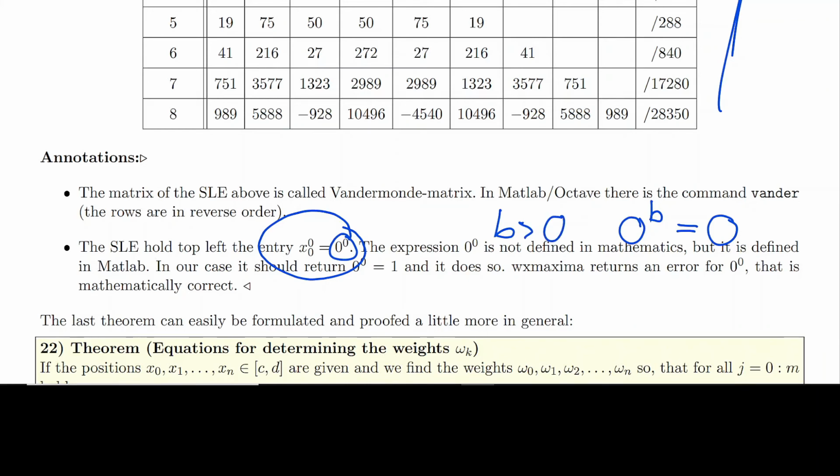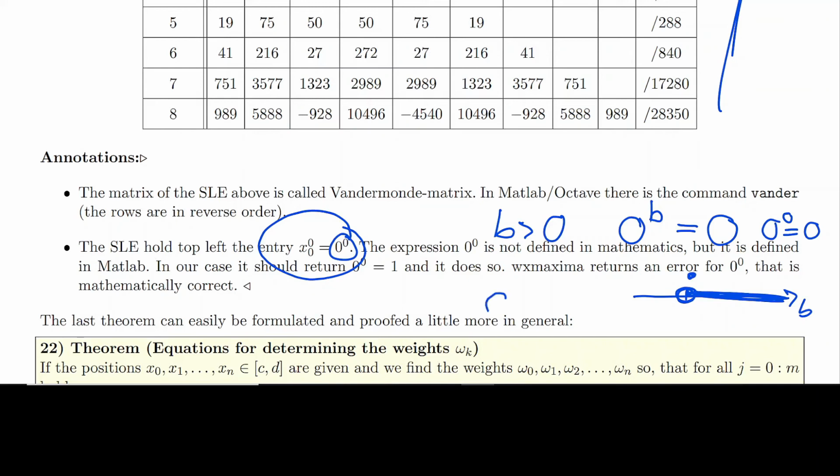So if this is the b line, 0 to the power of b is a constant 0, so the natural choice would be that 0 is the answer. So 0 to the 0th power should be 0, otherwise we have a strange situation.